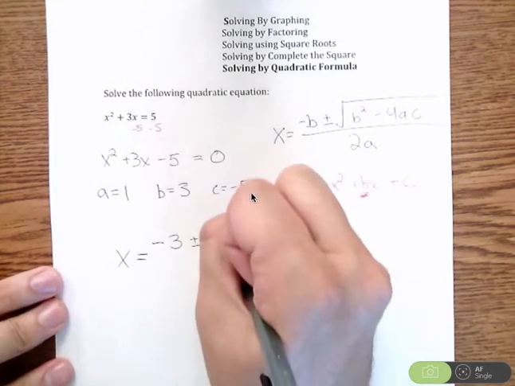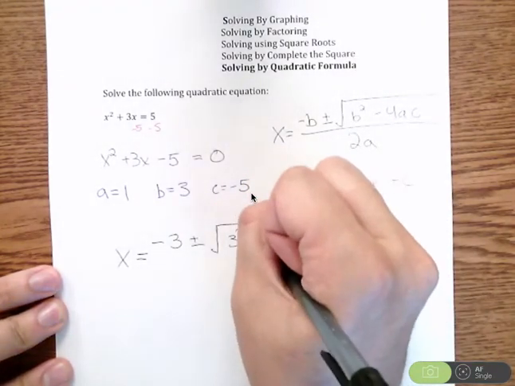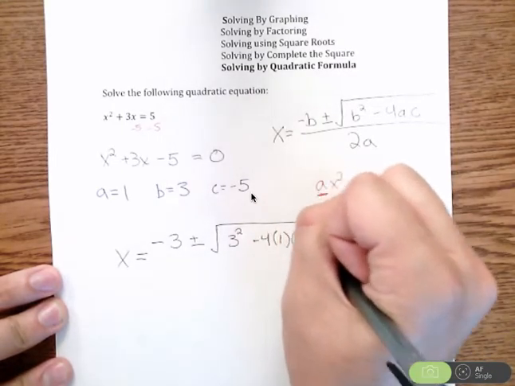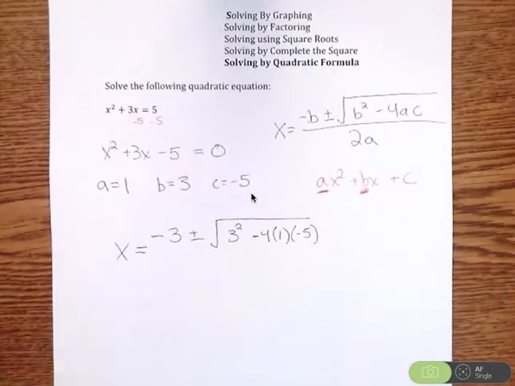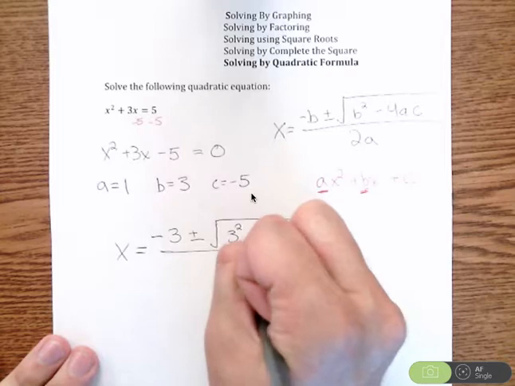So b is 3, so I'm going to have 3 squared minus 4 times a times c. And all of this is going to be over 2 times a, so 2 times 1.